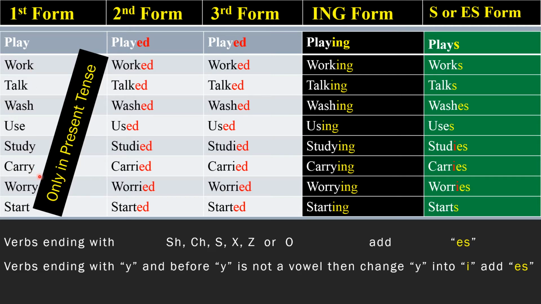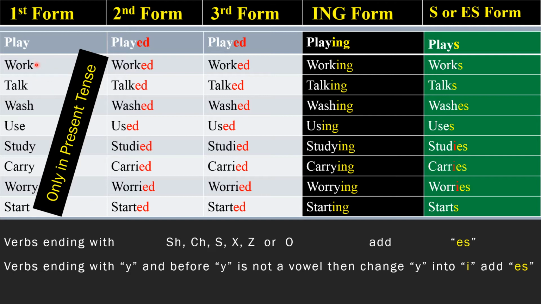This is the first step. Later on we may add certain other things, but in the first place you have to understand that first form is used only in present tense. This is the first step, and present tense means the present time. As I talk now, you listen now. So this is called present time.